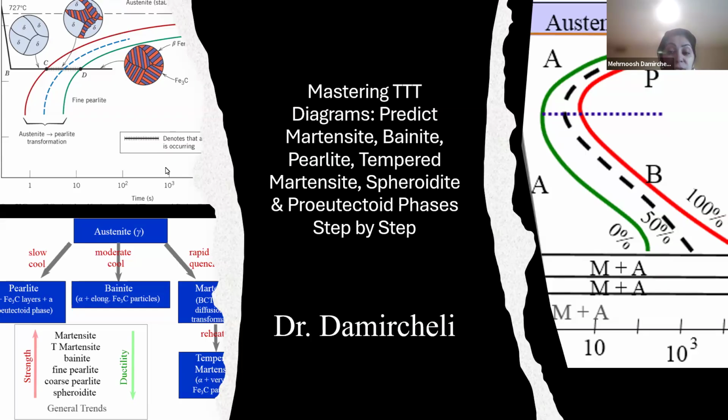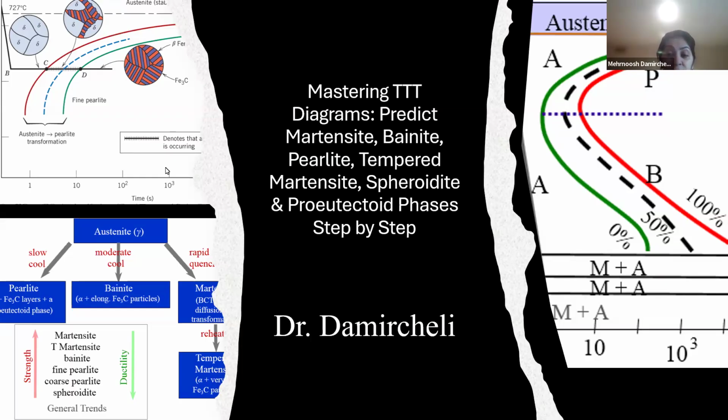Second, we discuss what information TTT diagrams provide that regular phase diagrams cannot. That means in anything that we talked about in the phase diagram, you didn't see the effect of time and cooling rate on that. So, like the kinetics of transformations and the formation of intermediate structures such as bainite or martensite.